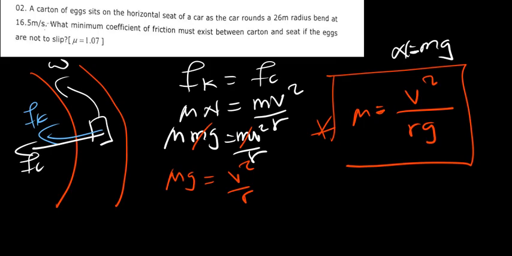So this was moving around the circle. The coefficient of friction that the car is going to experience is the same as the coefficient of friction that the carton of eggs is going to experience. That's why we maintain the formula. Yes, so we have already derived the formula. V is 16.5 squared, the radius is 26, times g 9.8.